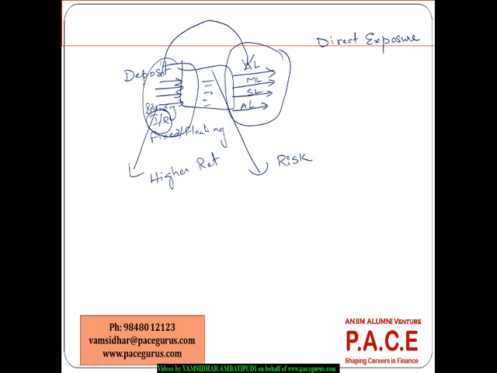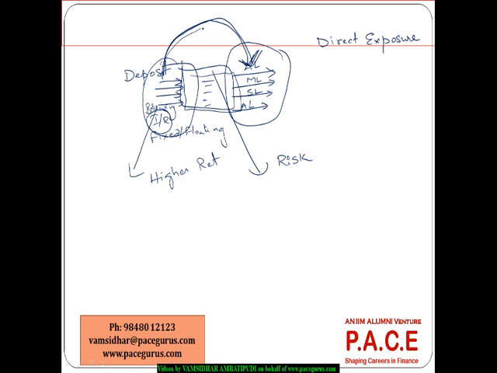Now this securitization is actually bridging the relationship between the lenders and the borrowers directly. Right? And because of this, instead of the bank taking the risk here, it is transferring the risk directly to the lenders itself.